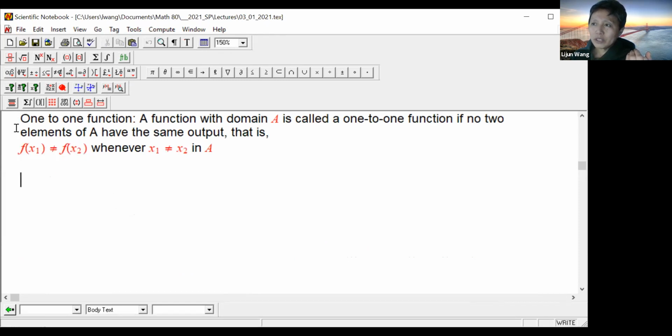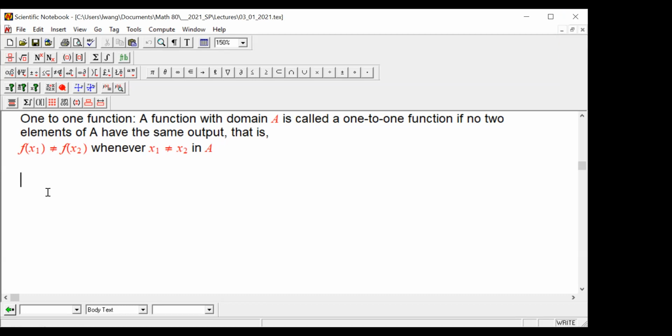So we're going to use this criteria to check the 6 functions we just studied. We're going to decide which one is one-to-one and which one is not. Do you follow me?